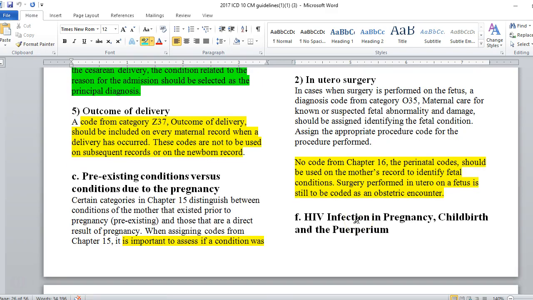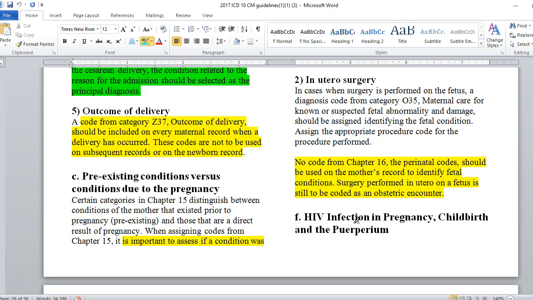Now, in cases when surgery is performed on the fetus, a diagnosis code from category O35, maternal care for known or suspected fetal abnormality and damage, should be assigned to identify the fetal condition. Assign the appropriate procedure code for the procedure performed. No code from Chapter 16, the perinatal codes, should be used on the mother's record to identify fetal conditions.